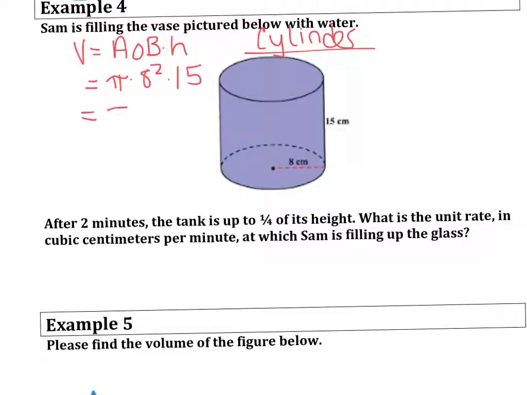So then the order in which you do this is up to you, but I recommend figuring out everything in terms of pi first. So we would have pi times 64 times 15.